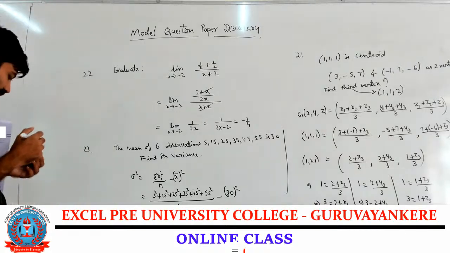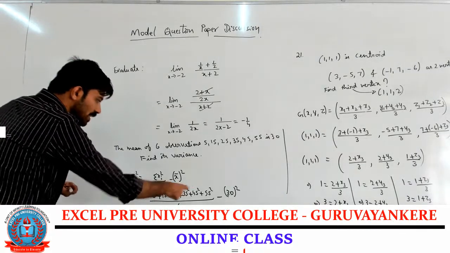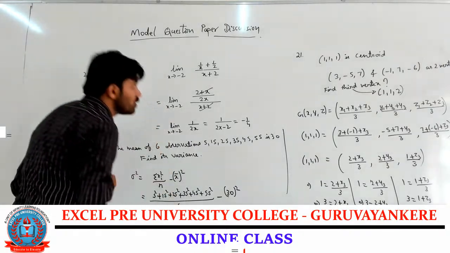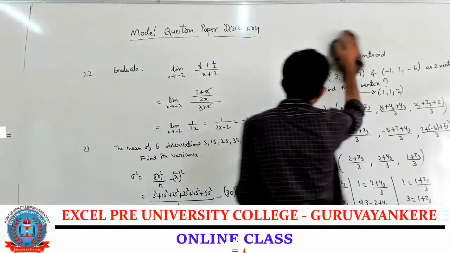From this we can take 5 square common in the numerator, so that the simplification becomes easy for us.